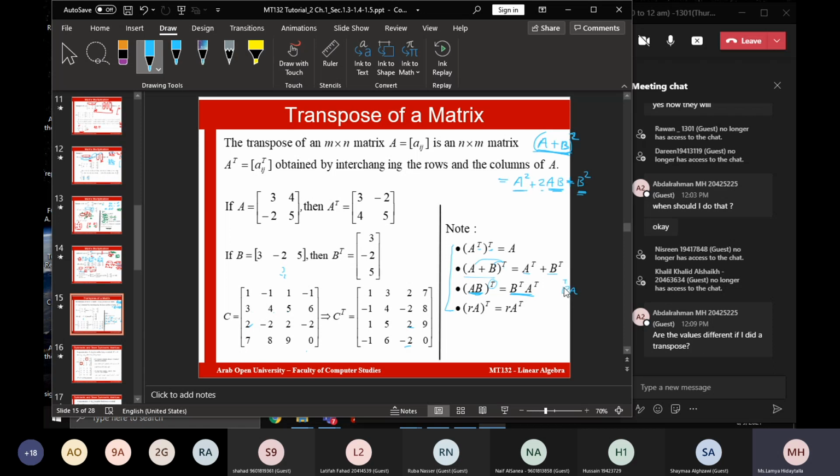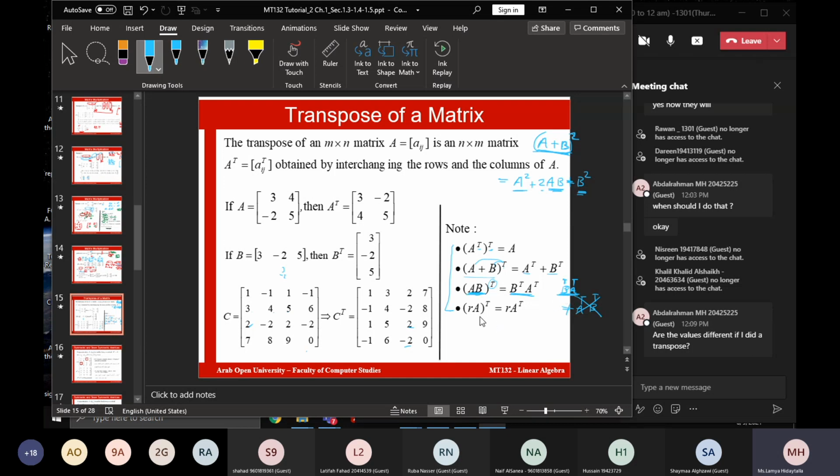Find the transpose of B first, and then find the transpose of A, and then you multiply like that. B transpose times A transpose. Not the opposite. It is not equal to A transpose times B transpose, and you can check it with any two matrices. This is wrong. So flip: B transpose times A transpose. Okay, the order matters, you will find that it is different.